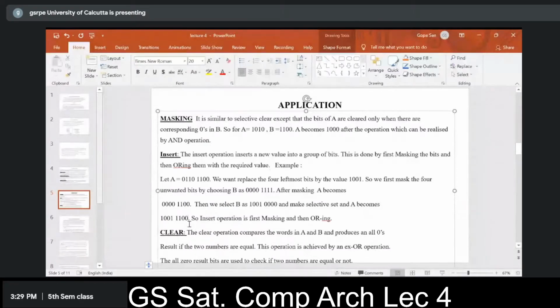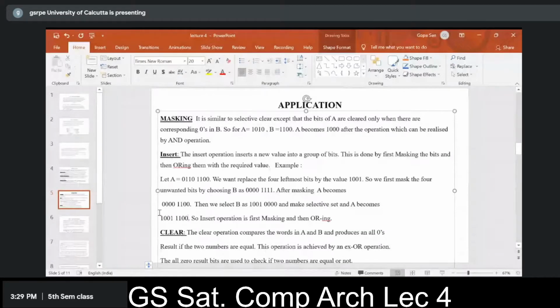So if we want to check whether the contents of 2 registers are the same, we can check it by the use of the clear operation, because if the contents of the 2 registers are the same, the output will be all 0, and the clear operation can be executed with the help of an XOR gate.